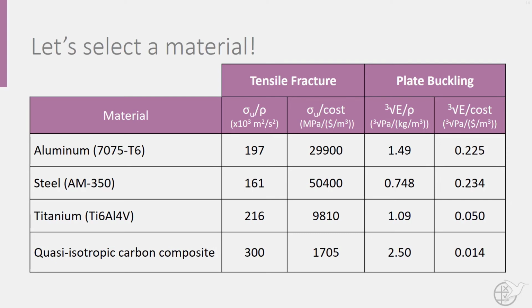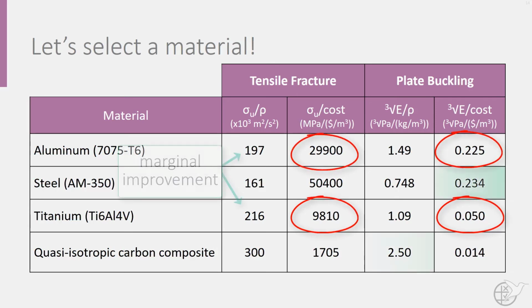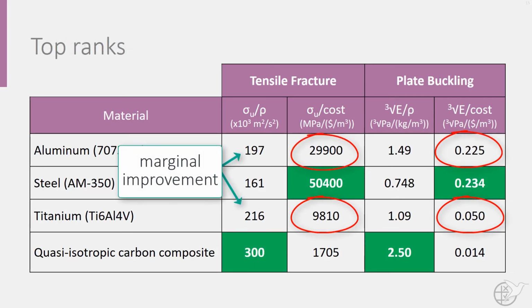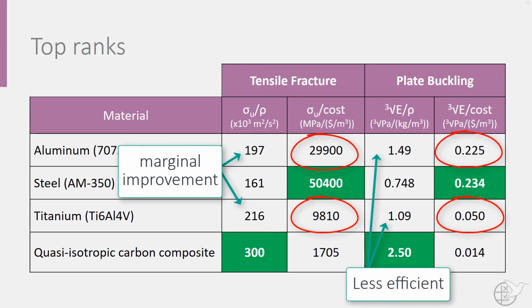Can you reason why this is based on the numbers provided here? The titanium is significantly less cost efficient, while it is only marginally more weight efficient for fracture and actually less weight efficient for buckling. So for this particular application and these constraints, it seems that aluminum would be a good compromise in performance, weight, and cost.